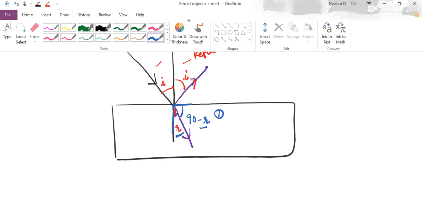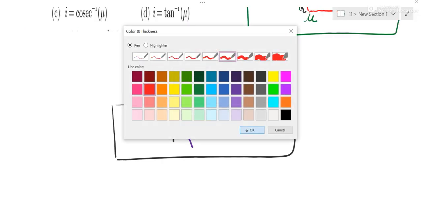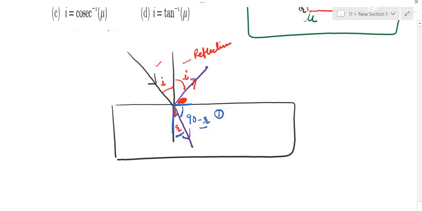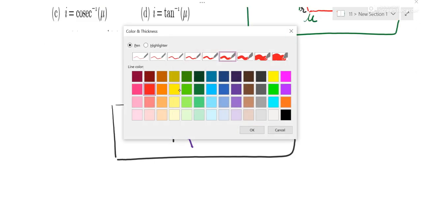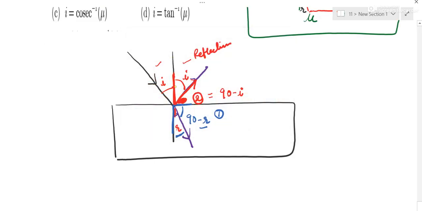And the other angle, angle number 2, will be equal to 90 minus i. This is i. If this much is i, the remaining is 90 minus i.